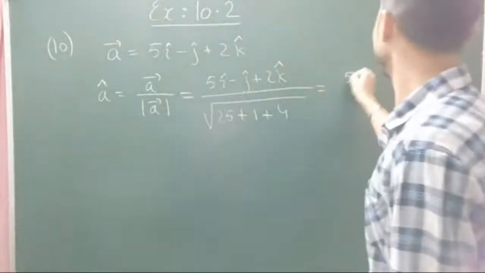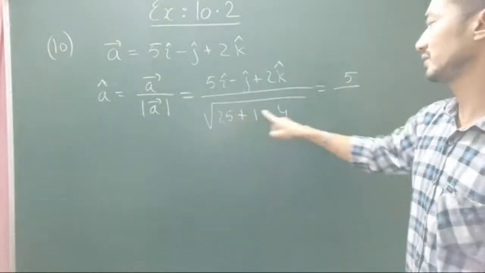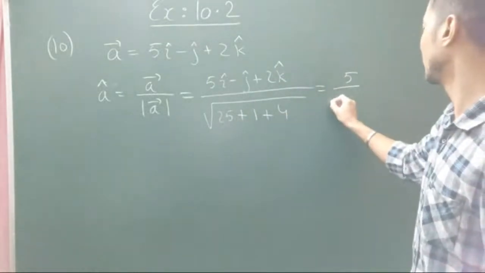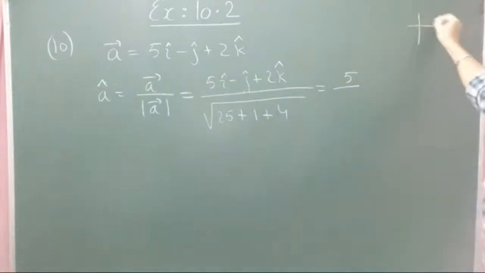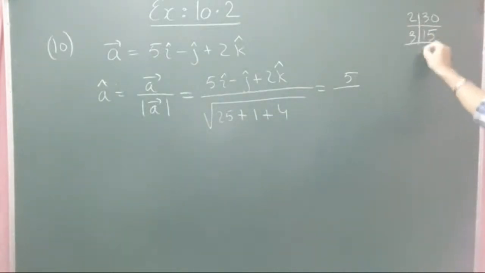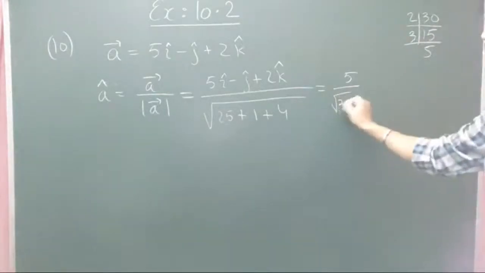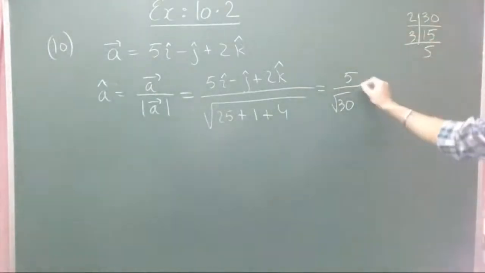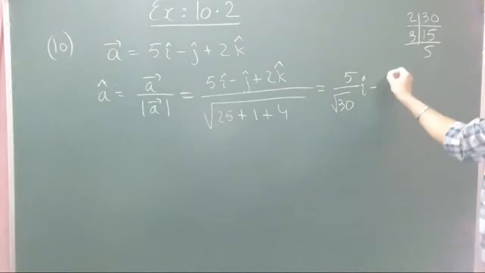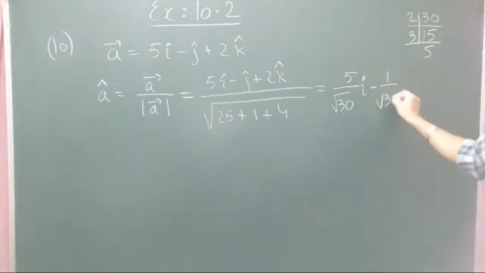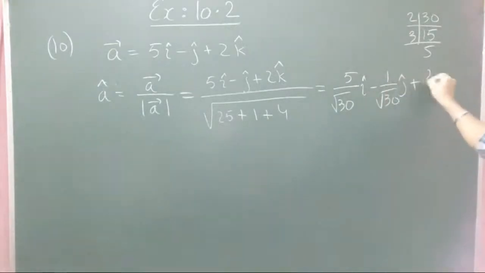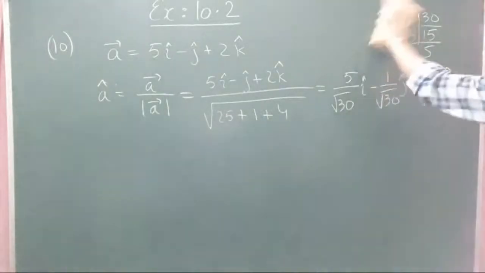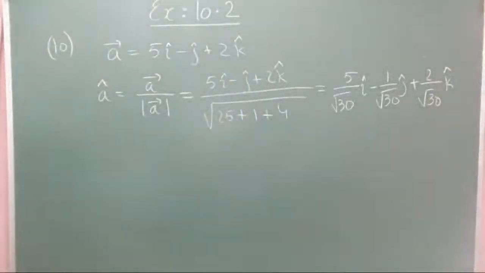So that's 25 plus 1 plus 4, 30. Can we factorize 30? 15, 3, 5, we cannot factorize further. So 5 by root 30 i minus 1 by root 30 j plus 2 by root 30 k. So this is the unit vector which has a particular direction.